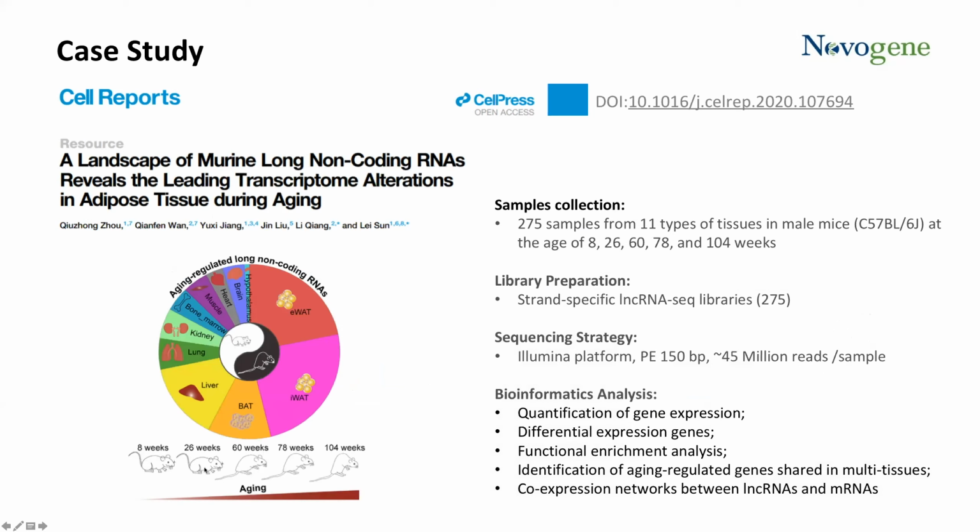In this study, researchers looked at total RNA sequencing, which includes long non-coding RNA-seq and mRNA, at different stages of the age groups of mice and looked at different tissues. This is the study design, and you can always look at the paper in more detail. The bioinformatics analysis included quantification, differential expression, functional enrichment, and co-expression.